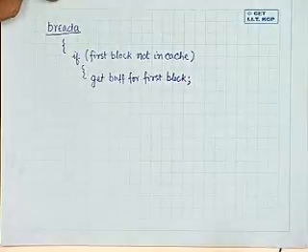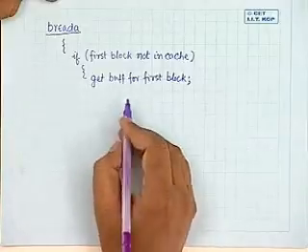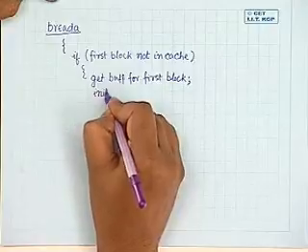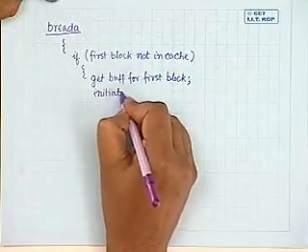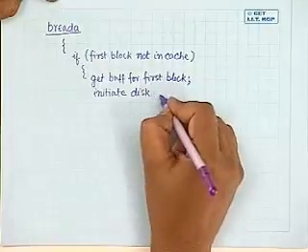Naturally, this is the get block operation that has to be done. After getting a buffer for this first block, you have to initiate disk read. In this case, the block that will be read is the first block.